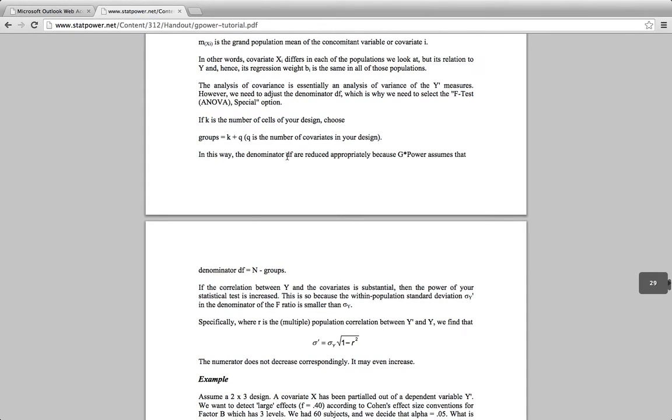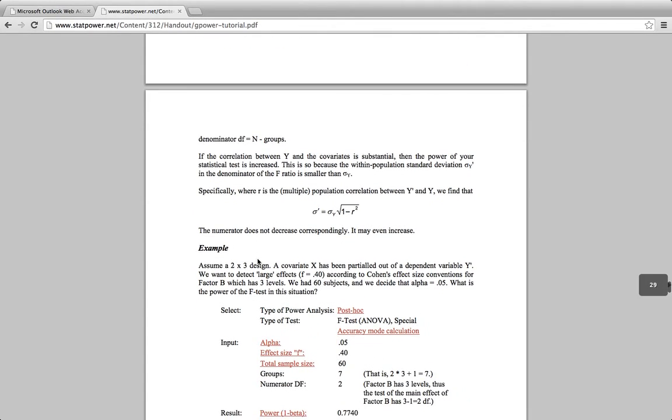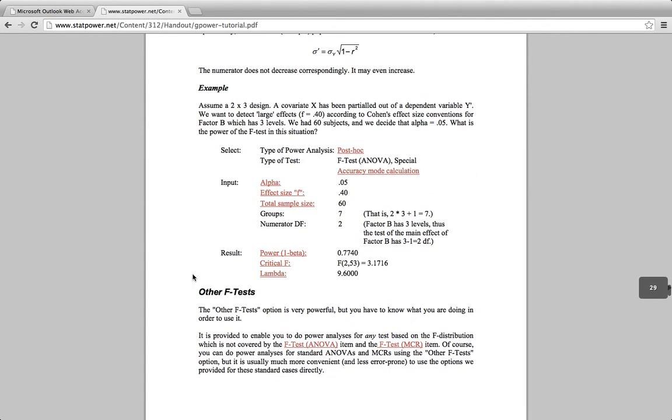Okay, the denominator degrees of freedom are n minus the number of groups. Okay, I had that one. That's not a problem. The numerator degrees of freedom is the number of levels minus 1.